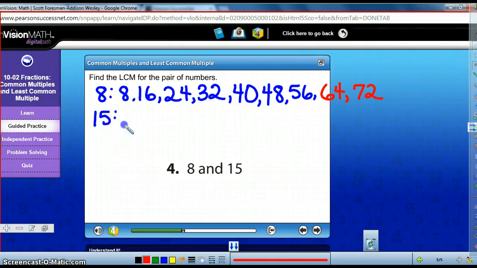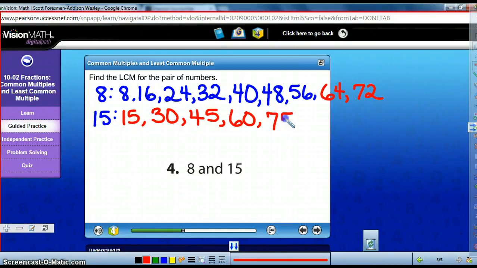15 times 1 is 15. 15 times 2 is 30. 15 times 3 is going to be 45. 15 times 4 is going to be 60. Nothing? Oh man. 15 times 5 is going to be 75.